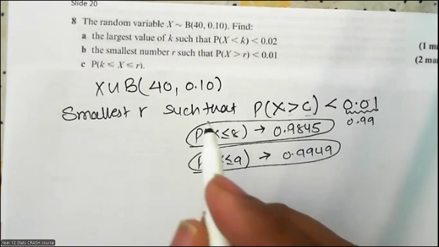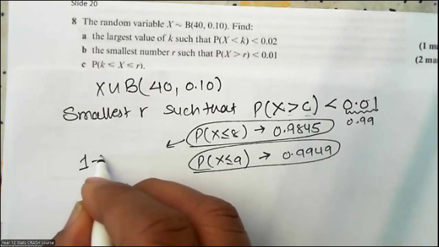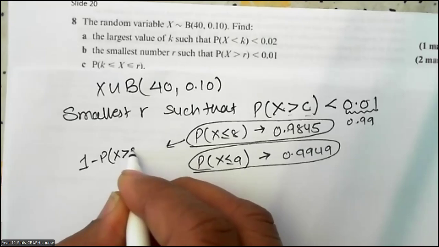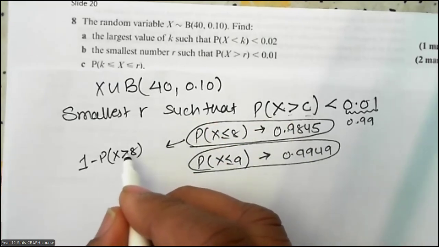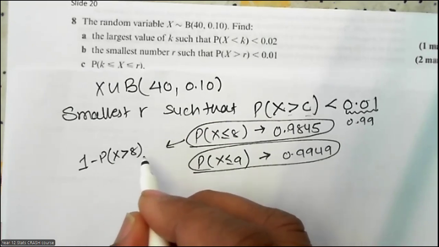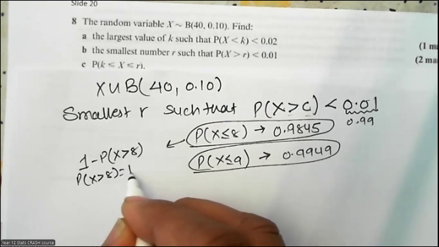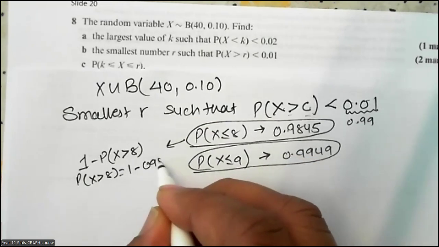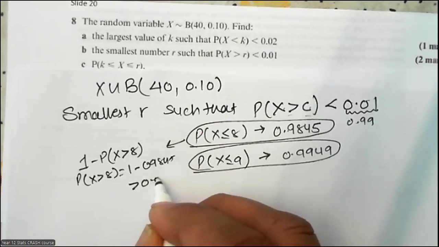We want to see in this direction. So if x is less than or equal to 8, that means one take away probability x greater than 8. So probability of x greater than 8 should be 1 take away 0.9845, and this is greater than 0.01.